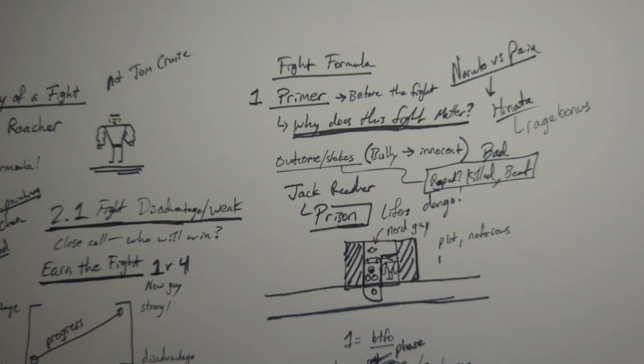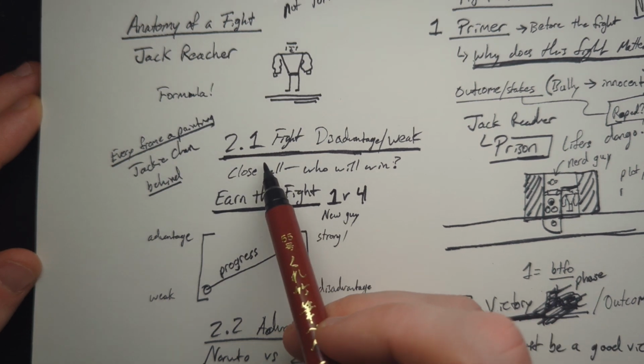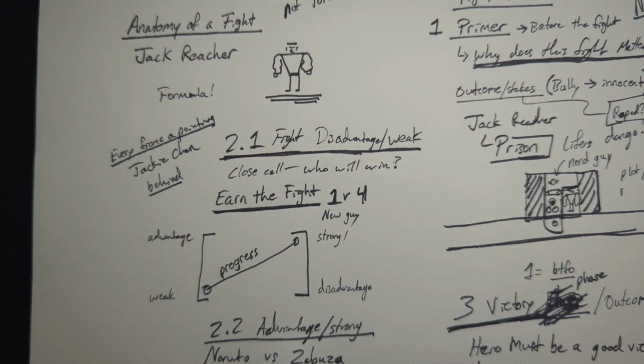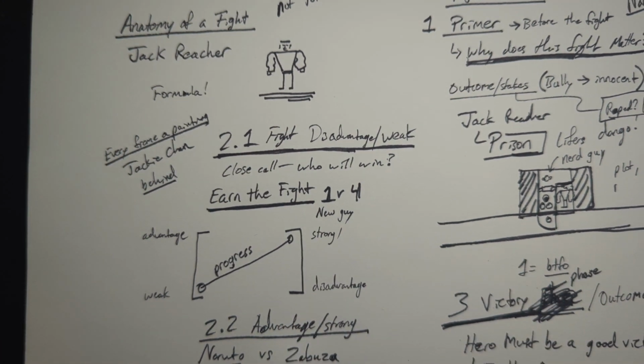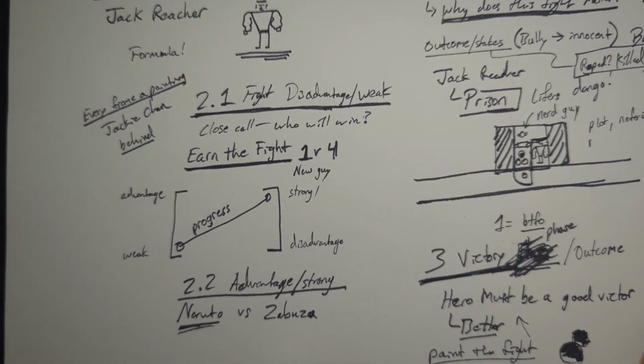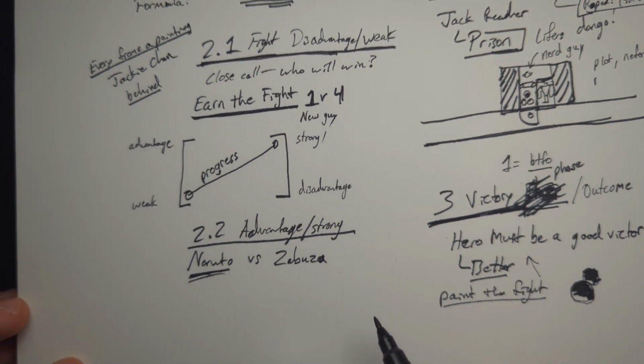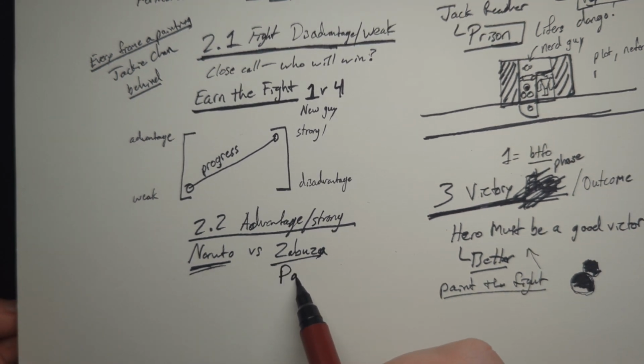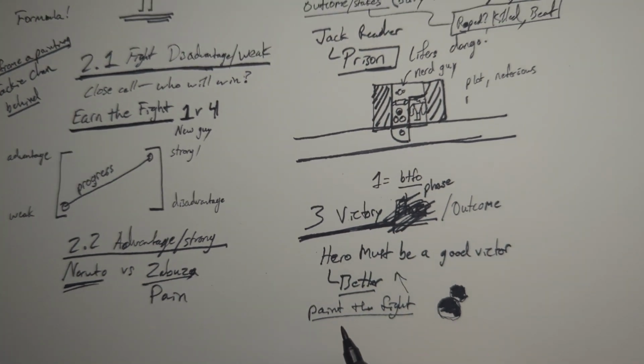Pain beat up our girlfriend. Yeah, bam, we gotta go. He starts at a disadvantage. He's weak, he's in the middle of the fight. They're both drawn out. Pain has proven that he's stronger. So he's fighting through this, trying to progress it until he gets the upper hand against Pain. And from here, he goes and becomes the victor.